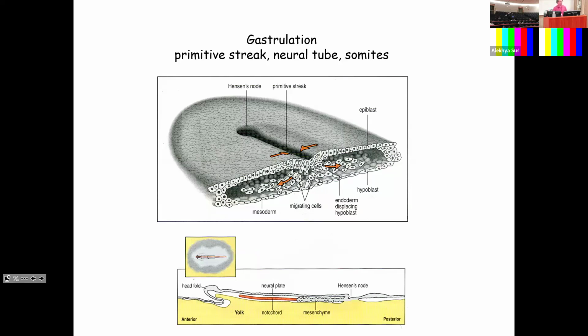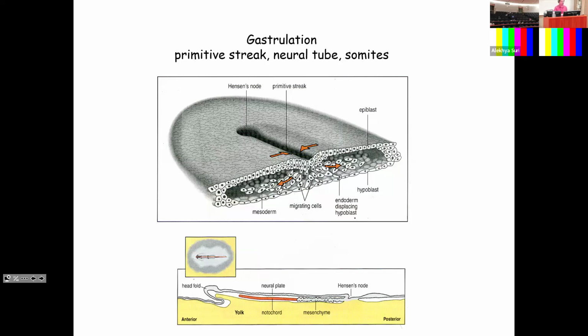So this is the process of gastrulation. What happens here? The embryo attaches to the endometrium, starts forming the placenta and all the connections, okay? The umbilical cord, all that. That happens later. The very first stage is the formation of 3 layers: the ectoderm, endoderm, and mesoderm.